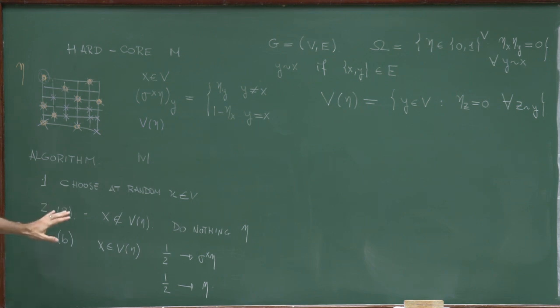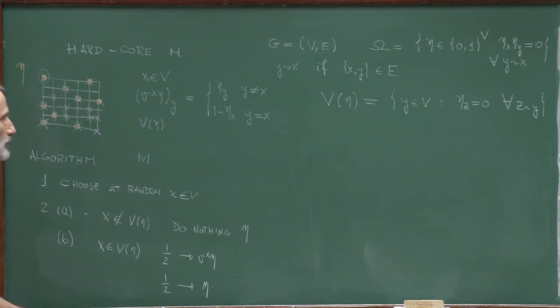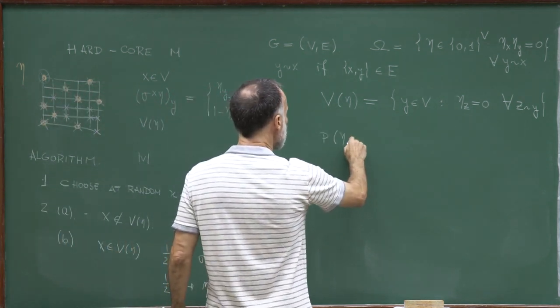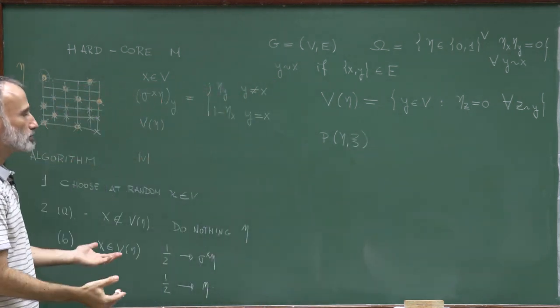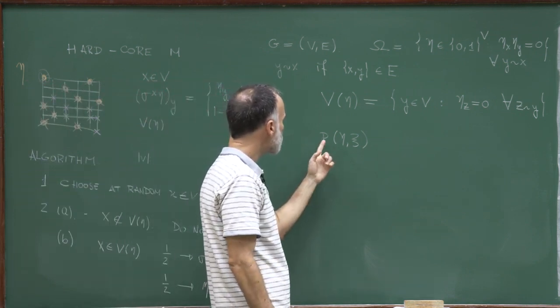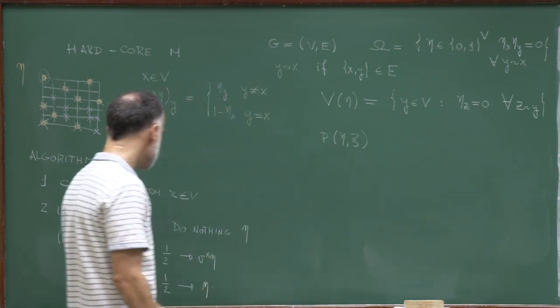And now I need to translate this algorithm in terms of a probability transition. To define a discrete time Markov chain, I have to tell you the probability that I will jump from eta to psi.